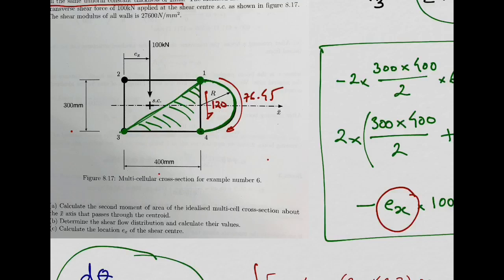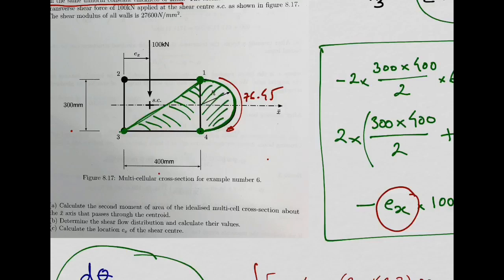You are calculating the moment produced by this 76.45. So the area you need to use is this total area, because this is the wall where you have this 76.45 shear flow, right?